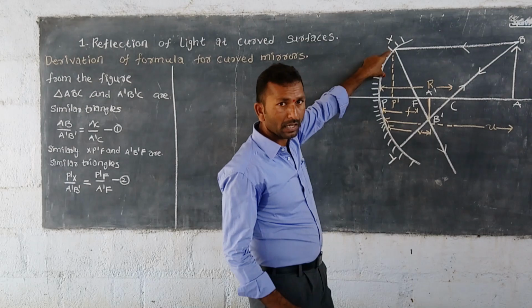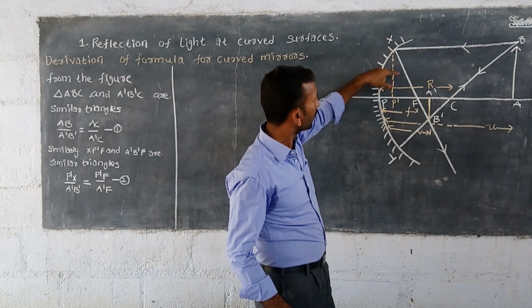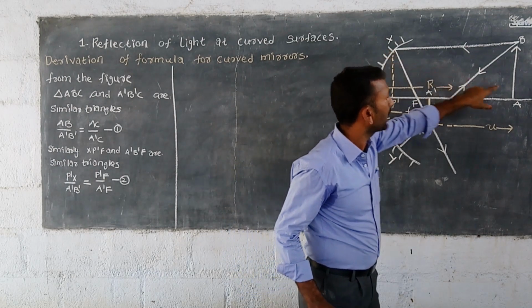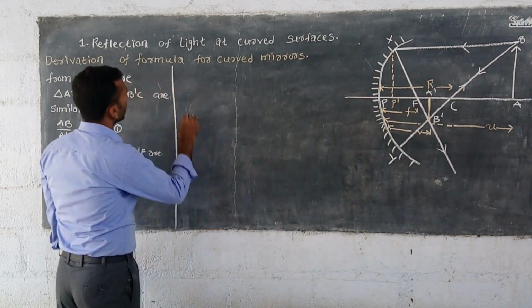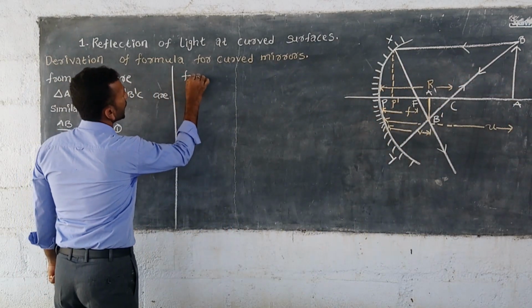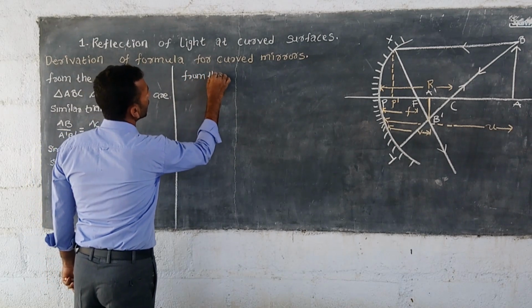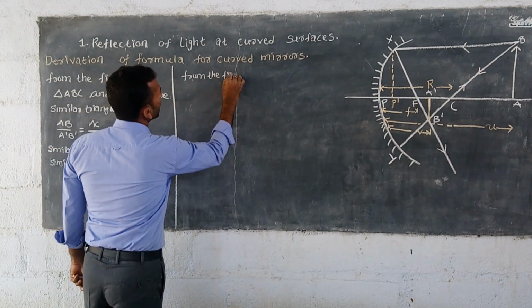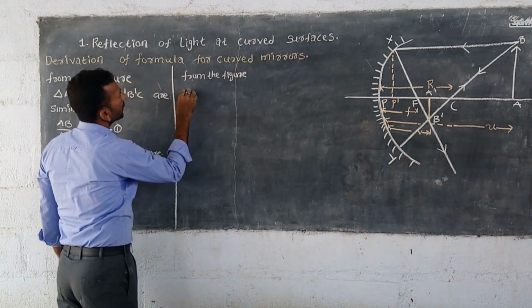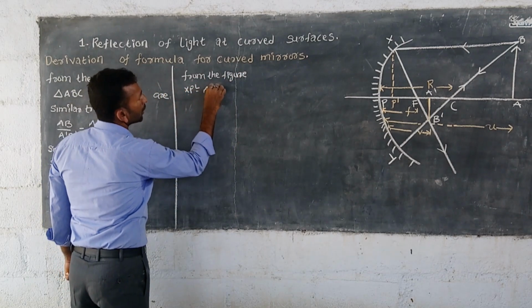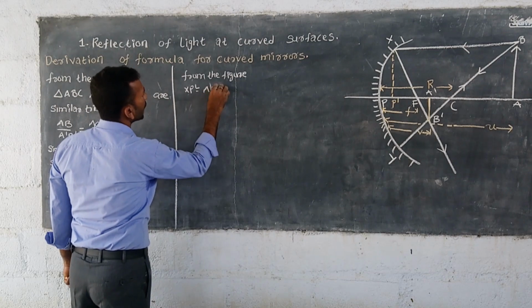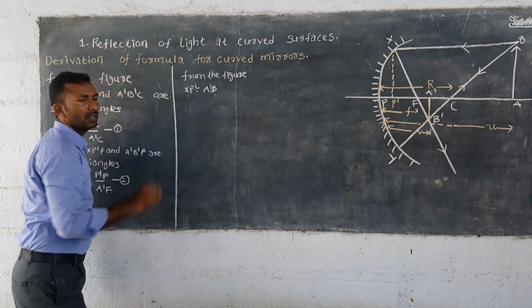If we draw a normal line from the parallel ray to the principal axis, that means AB and XP' both are equal. So from the figure we can write XP' equals AB.